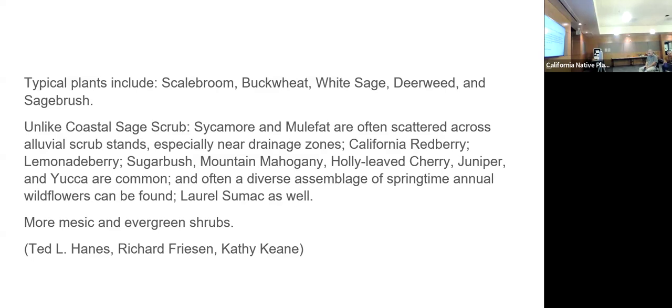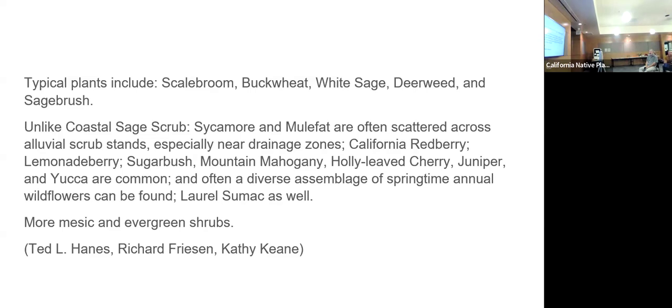Other plants, California redberry, lemonade berry, sugar bush, mountain mahogany, hollyleaf cherry, juniper, and yucca are also common, unlike regular coastal sage scrub. And often a diverse assemblage of springtime annual wildflowers can be found, which the people in this paper, Ted Hanes, Richard Friesen, and Kathy Keene, collaborated on, a sort of primer on alluvial sage scrub around the same time.